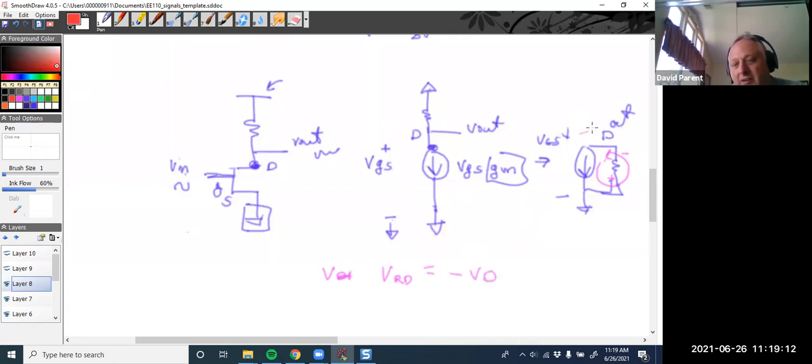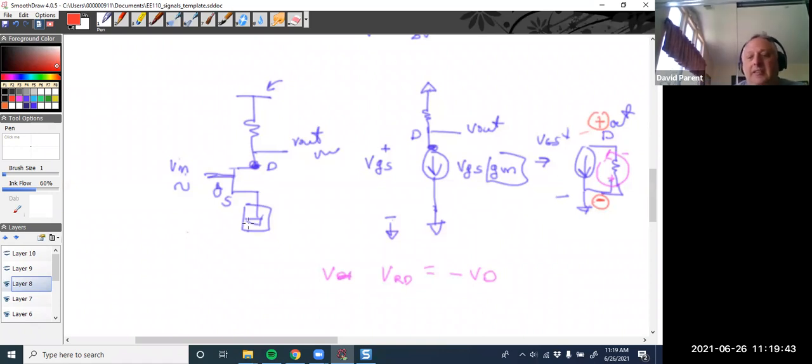Okay, so VD, right? If I put my voltmeter, I put my positive here and my negative here, right? And I'm measuring that node voltage with respect to ground, right? So whenever you see V out, it's V out to ground, right? Or VD to ground or VS to ground, right? But this is a device voltage, right? Like this, and it's opposite, right?